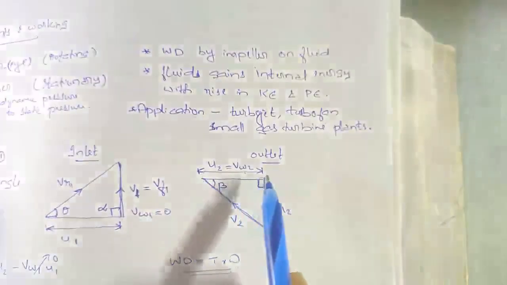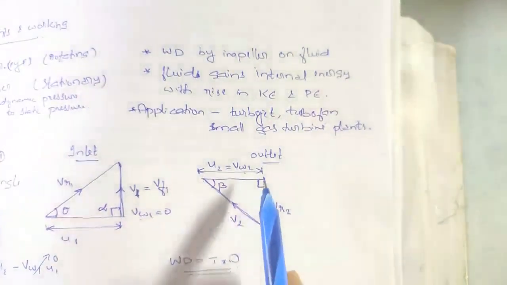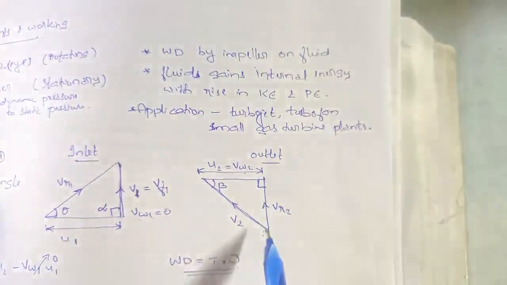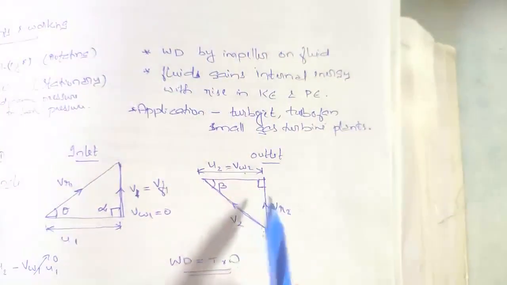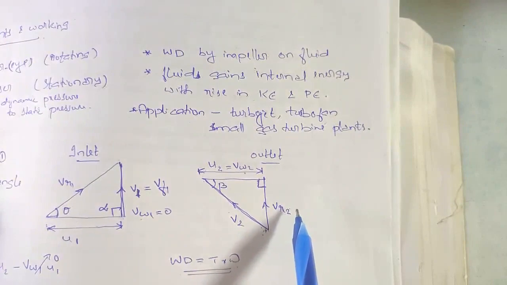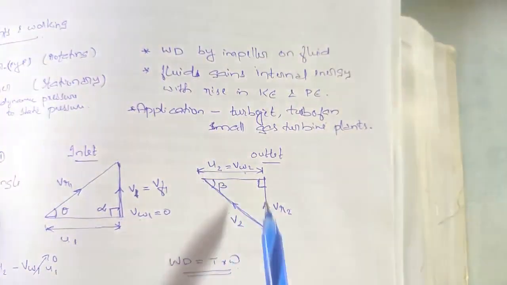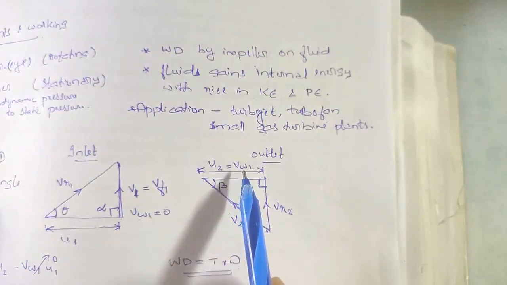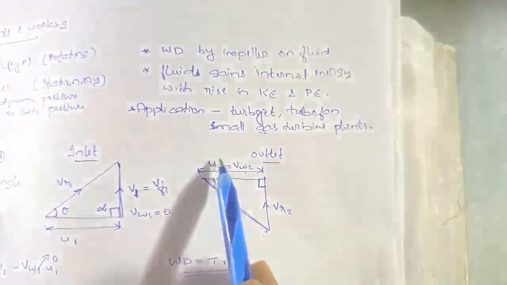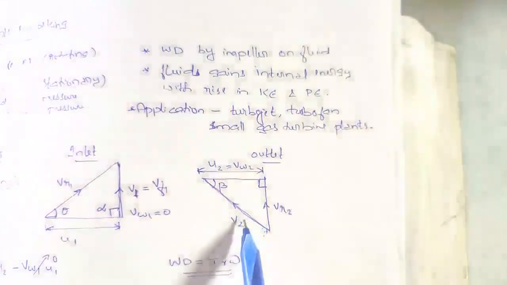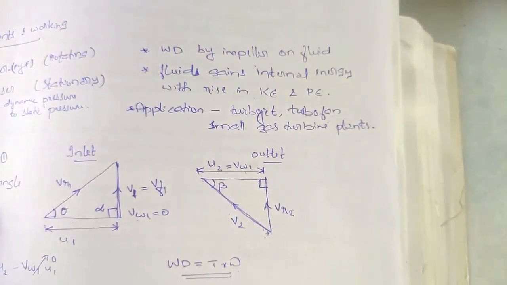This is U2 and this is V2. V2 has two components, VW2 and VR2, where VR2 is equal to VF2. So the peripheral velocity at the outlet U2 and the tangential component of velocity are equal. U2 is equal to VW2.